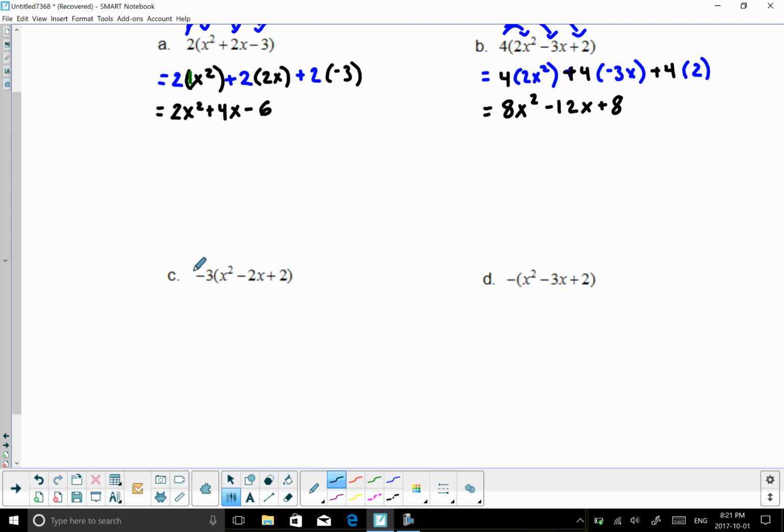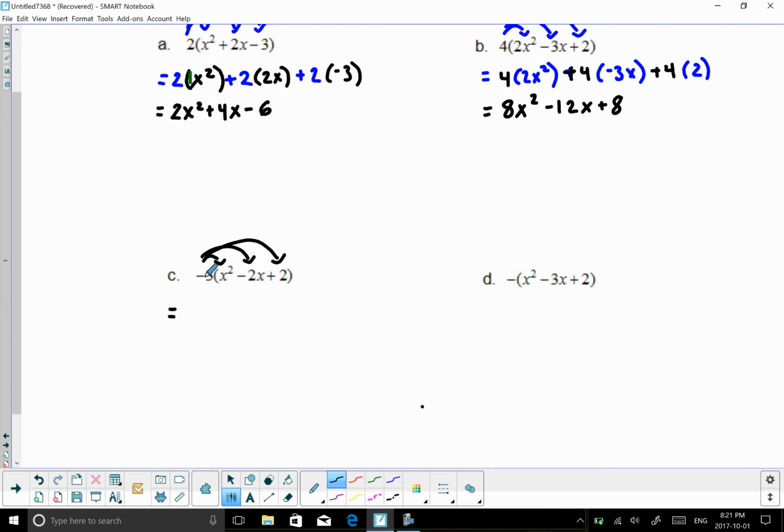Okay, so here we have negative 3 outside the brackets. You could choose to skip this step if you'd like to just multiply in your head. So I'll show that right now. It depends which one you feel more comfortable with, but you have to be careful. If you're not comfortable with it, you should show the step. If you feel comfortable, you can do the multiplication in your head.